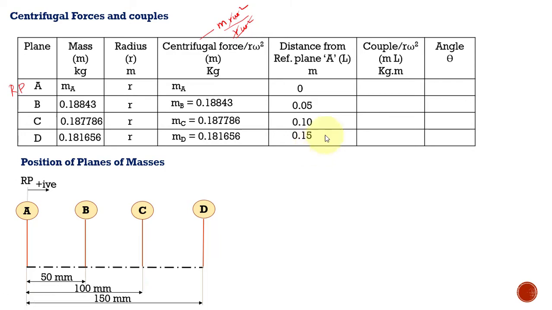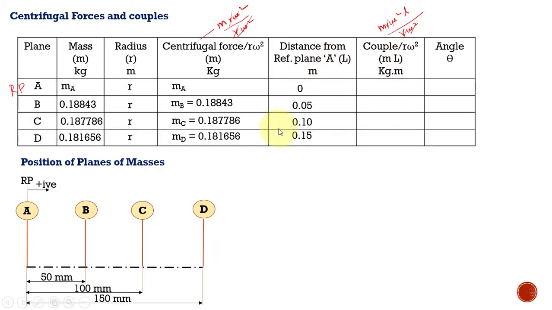Now let us find out the couple value. We know that the couple value is m r omega square L, in which r is common and omega square is common. So we are going to remove these two and only calculate the value m L, mass multiplied by this distance.